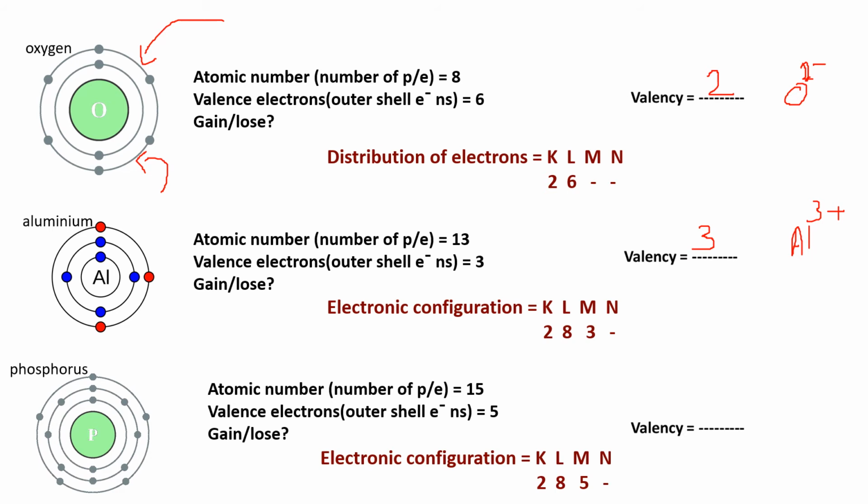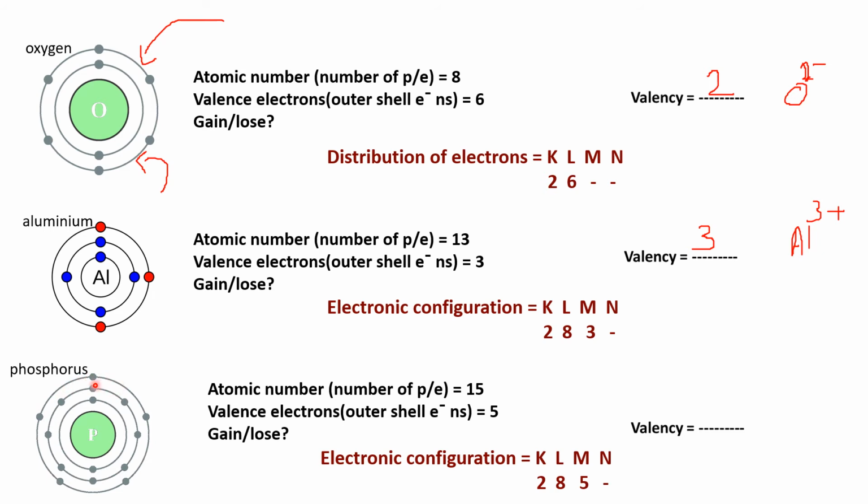Okay, then next one, phosphorus. This is phosphorus, P, and its atomic number is 15 and valence electrons 5. So here 1, 2, 3, 4, 5 valence electrons. So which one is easy to complete the octet, or complete 8 electrons?